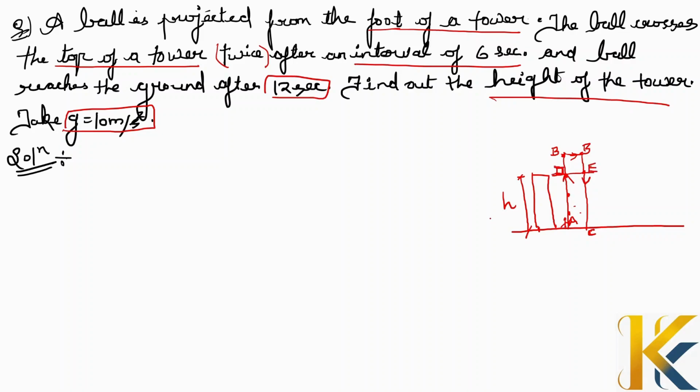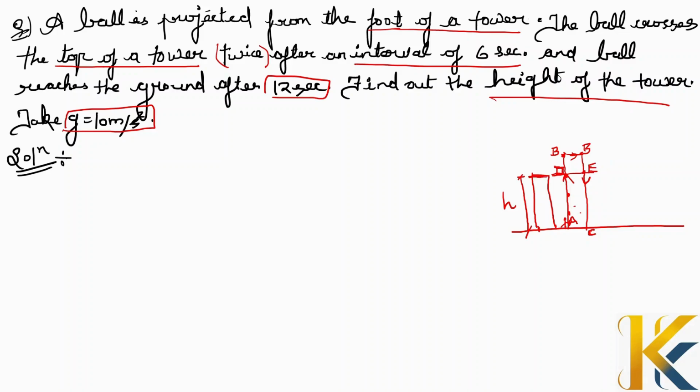The ball goes from A to B, then it comes back from B to C. While it is taking this path, the ball crosses the top of the tower twice: at point D while going up, and while coming down at point E, it is crossing the top of the tower.